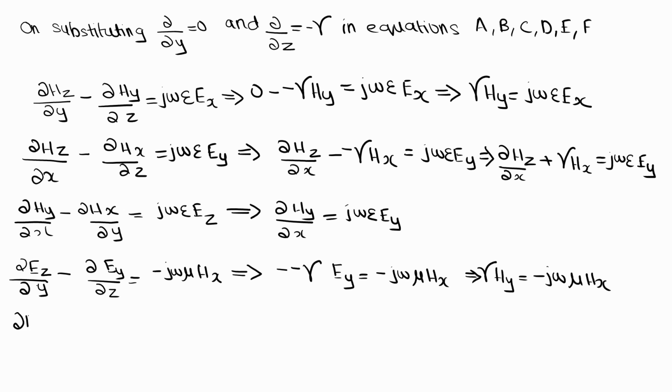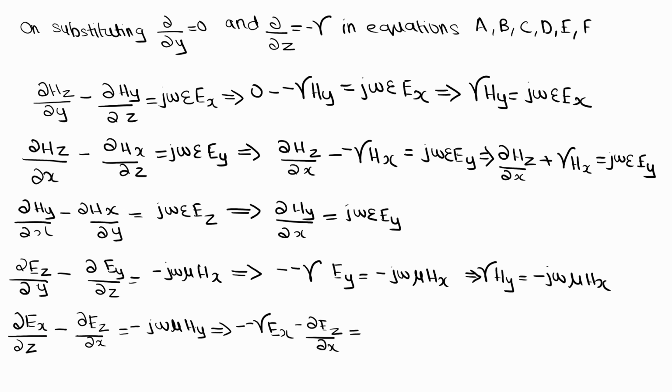Next, ∂Ex/∂z minus ∂Ez/∂x equal to minus j omega mu Hy, which implies minus minus gamma Ex minus ∂Ez/∂x equal to minus j omega mu Hy, which implies gamma Ex minus ∂Ez/∂x equal to minus j omega mu Hy.